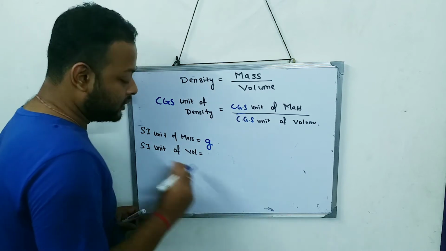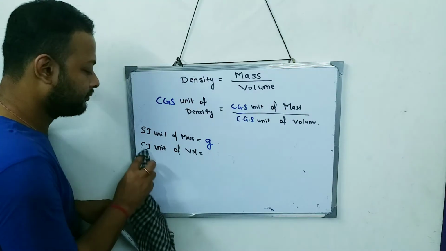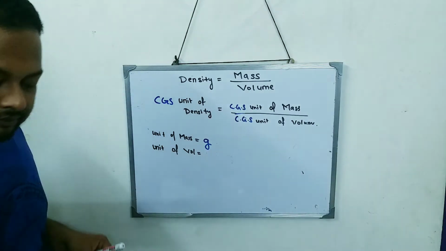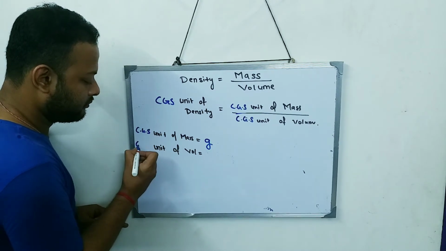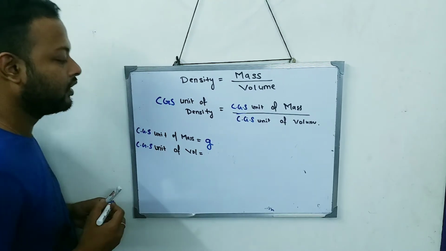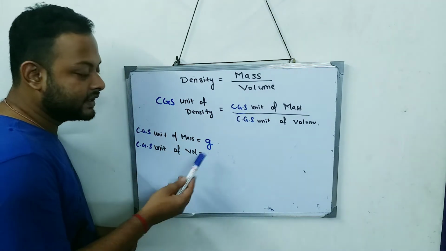CGS unit of mass is gram. Now what is the CGS unit of volume? Think.